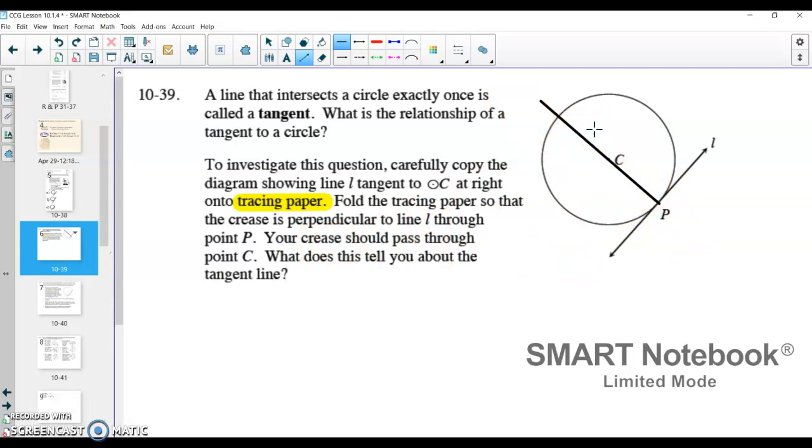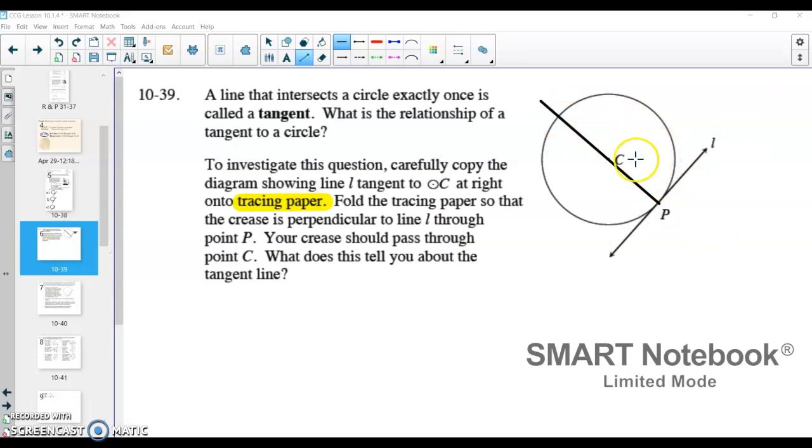And it says, what does this tell you about the tangent line? Well, the tangent line is perpendicular to that crease line, to the diameter of the circle, which is right there. That tangent line is perpendicular to it. And really that could be a perpendicular bisector of that tangent line.